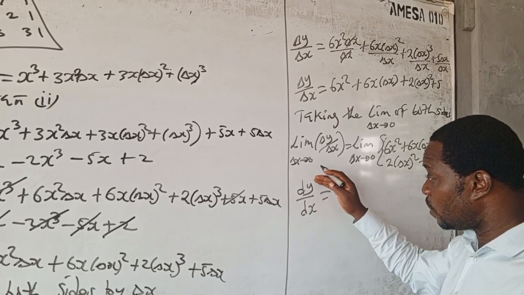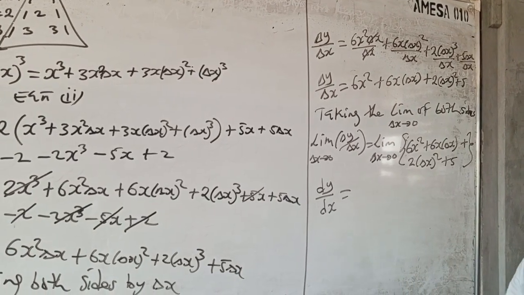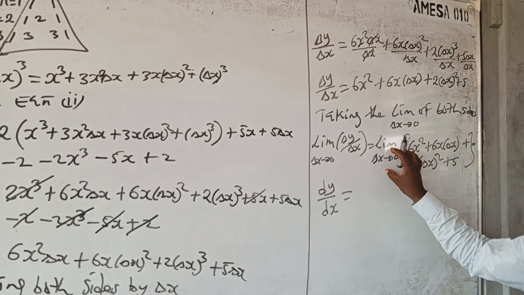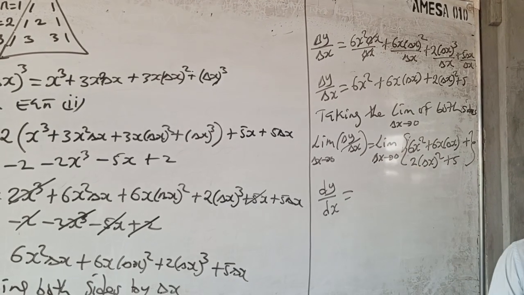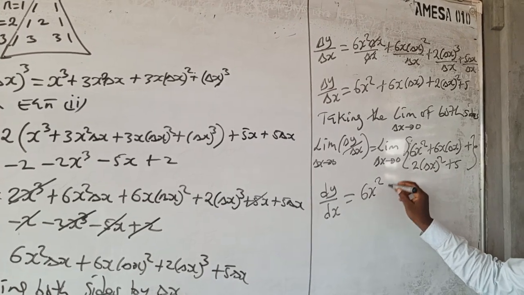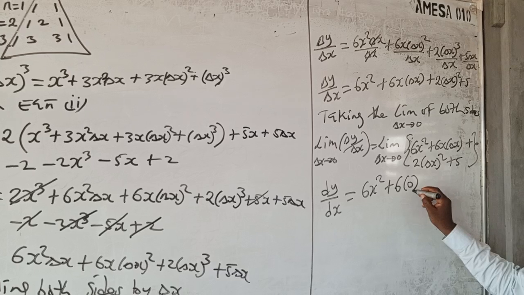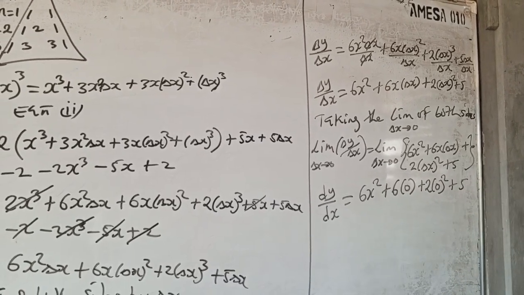And it is this dy by ds that we call differentiation. So limit simply means any place you see delta s, put 0. So if you do that, you are going to have 6s squared plus 6 into 0 plus 2 into 0 squared plus 5.